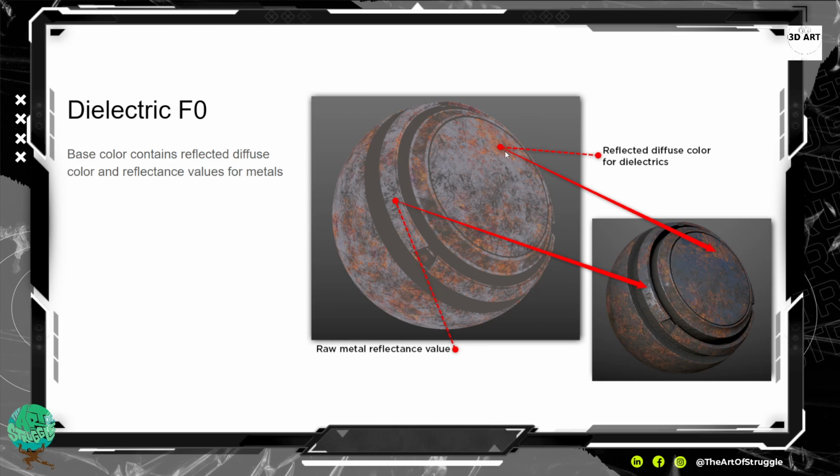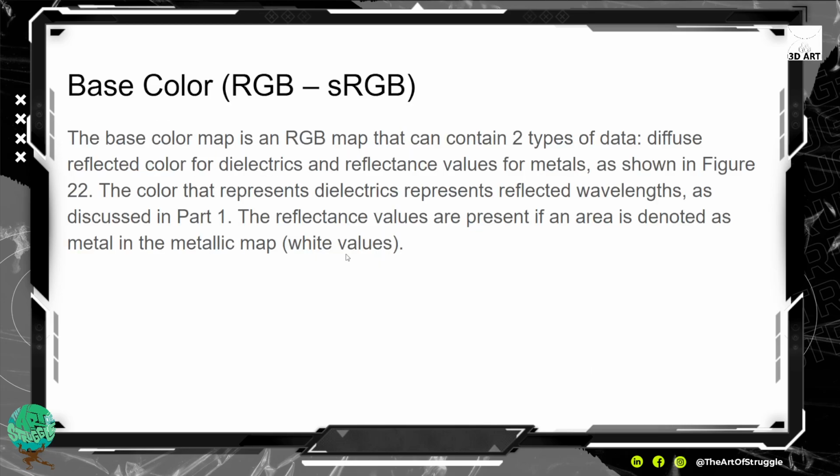When I put my color in this diffuse, it's going to translate into our final model. When I put the raw metal reflectance value in here, it's going to translate into our final model. So the base color, RGB to sRGB.